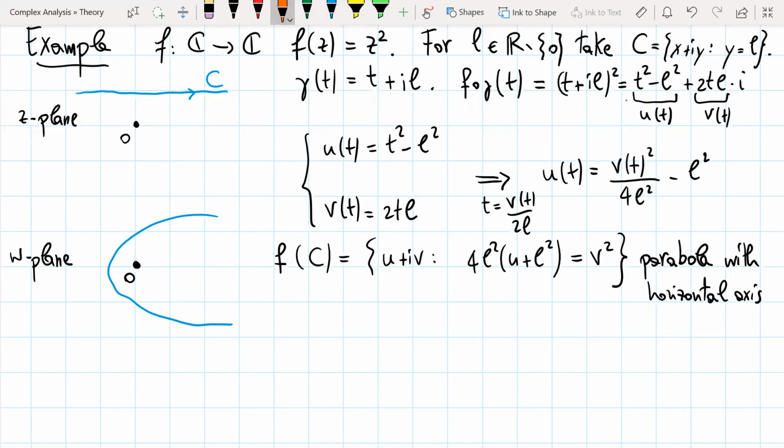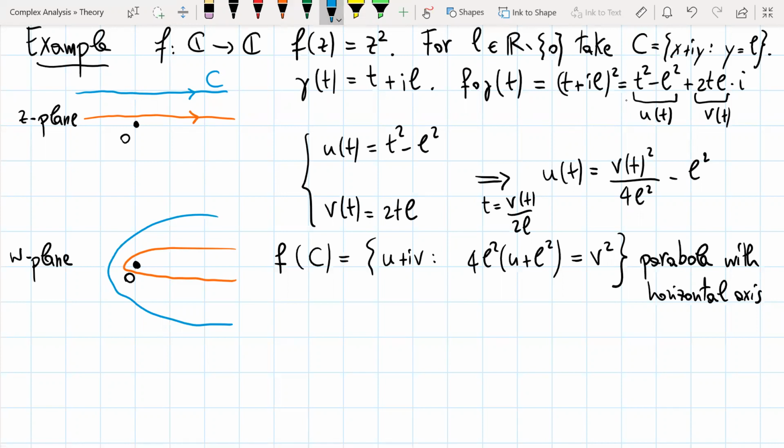Also, for example, if I take L very close to 0, then this parabola will come very close to the positive u axis. And then you can also see the parametrization. Above we are going from left to right.